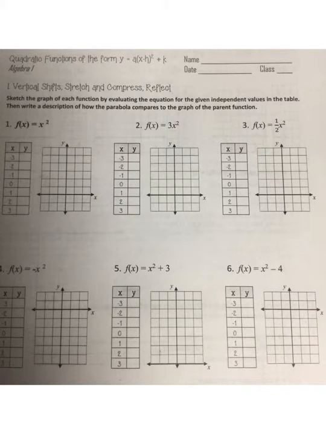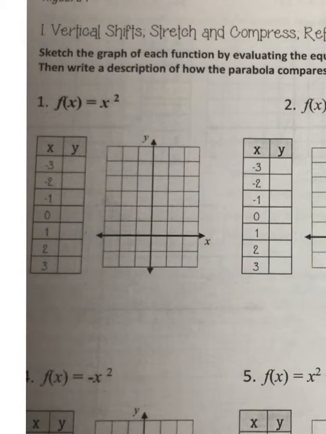So let's actually take a look at the graph for problem number 1. So this is the most important one. This is our f of x. And whenever we talk about f of x for these next couple of problems, this is what we're referring back to. So this is the parent function, x squared.